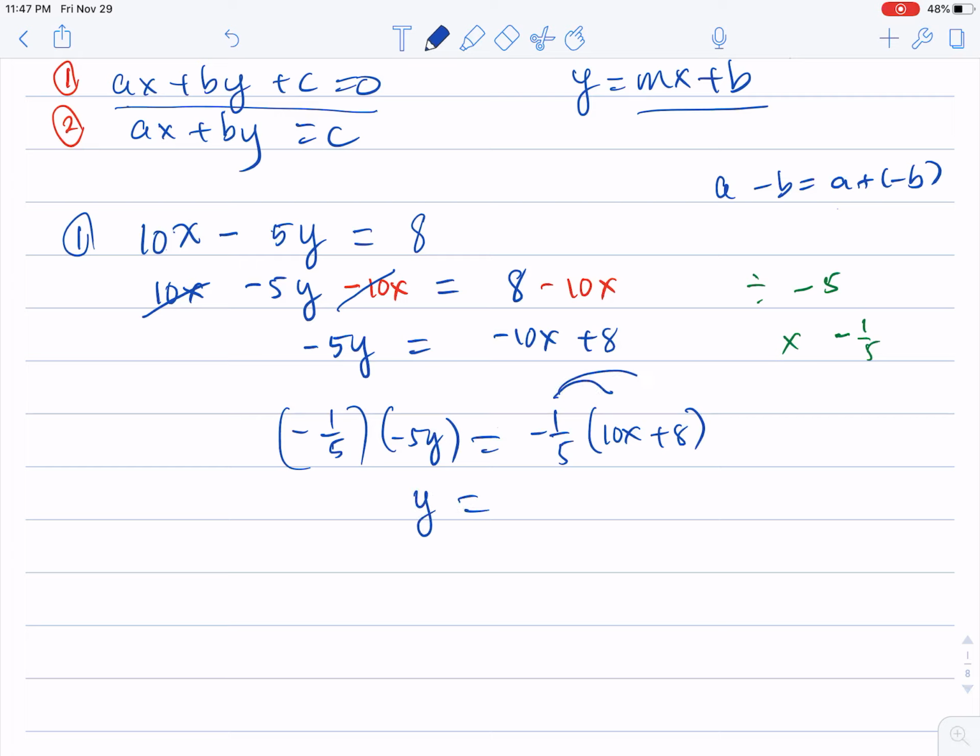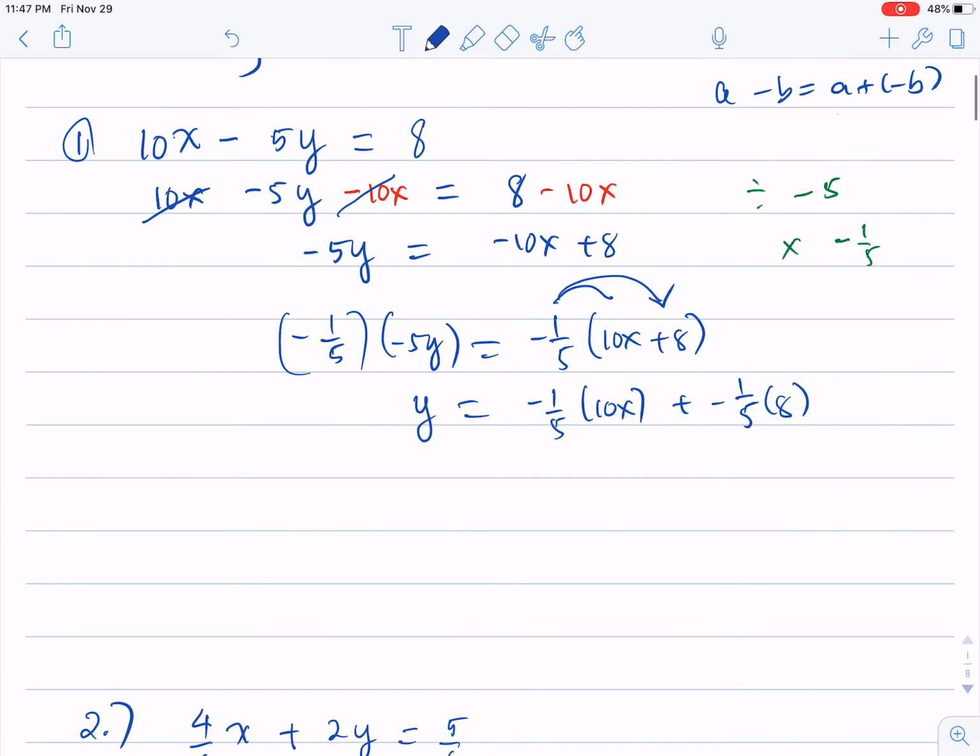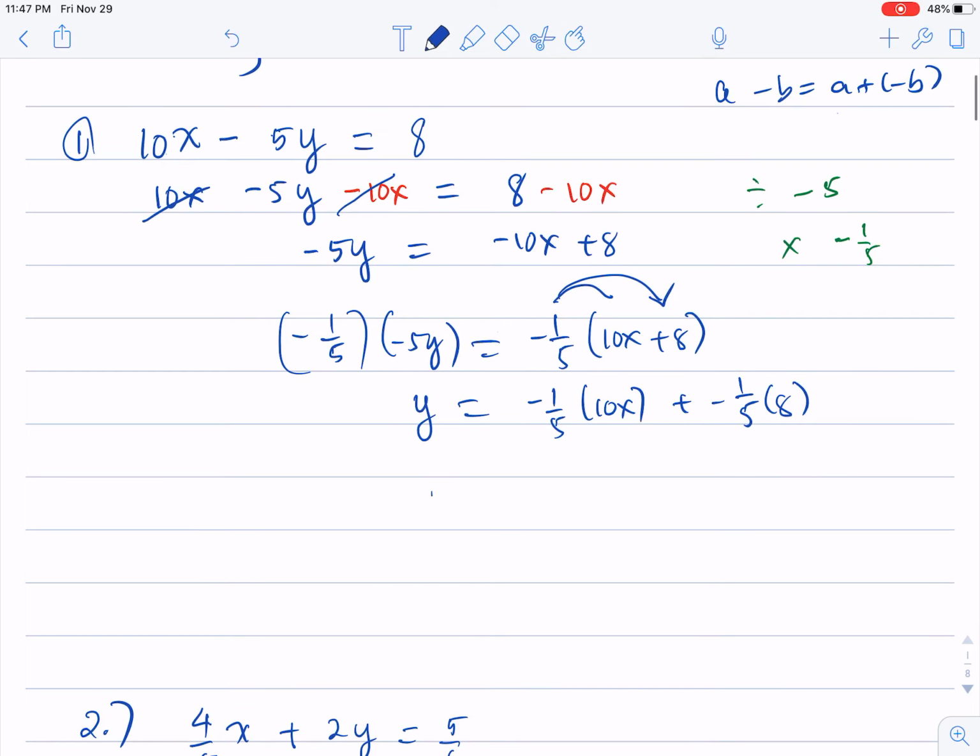And then we use distributive property. Negative 1/5 times negative 10x plus negative 1/5 times 8. Ano ang negative 1/5 times negative 10? That's positive 2, di ba? So meaning we have 2x.